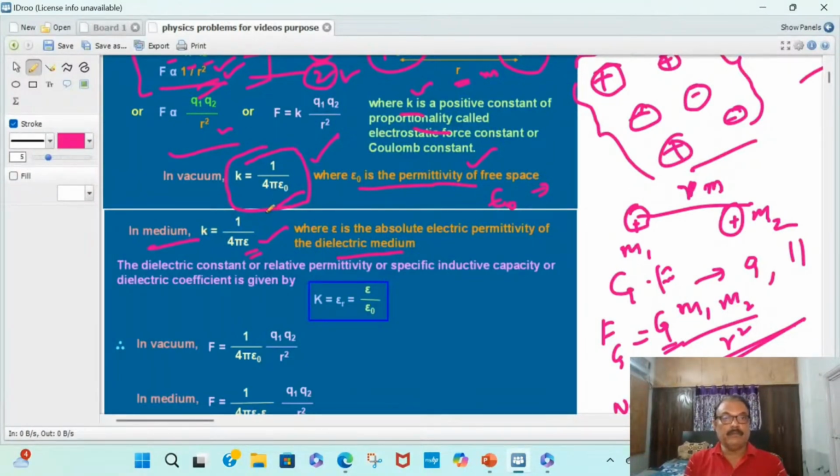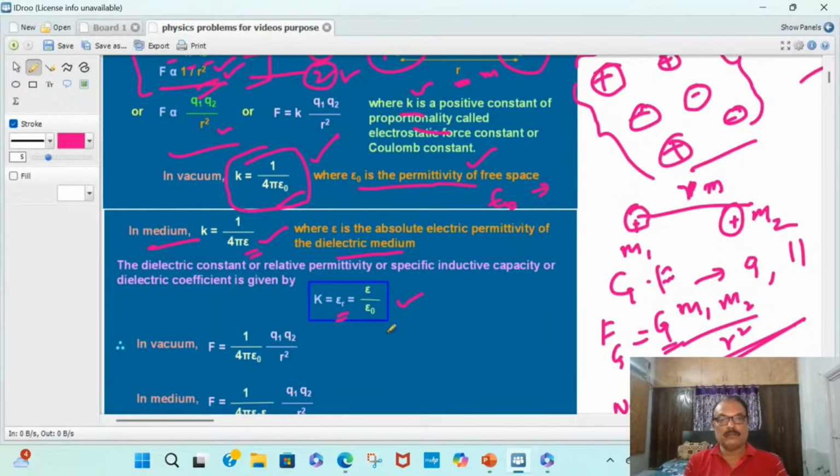So when you compare these two, you will get the relative permittivity. Relative permittivity is the permittivity of the medium with respect to air. How has this come? Just divide.